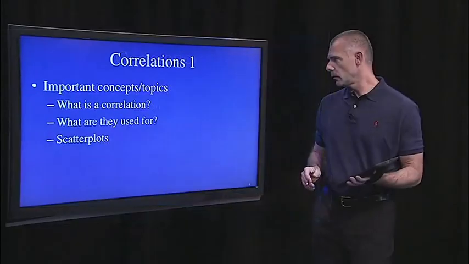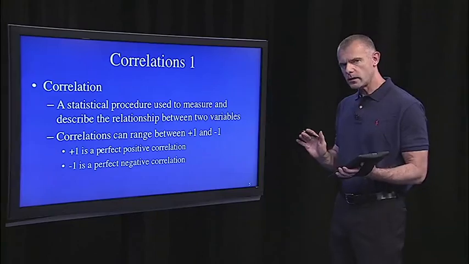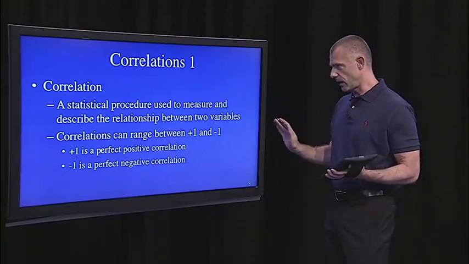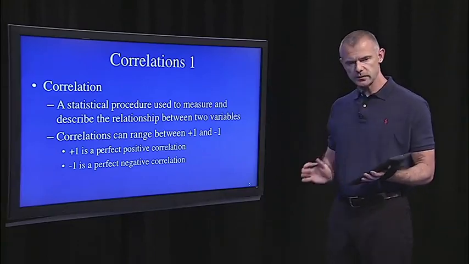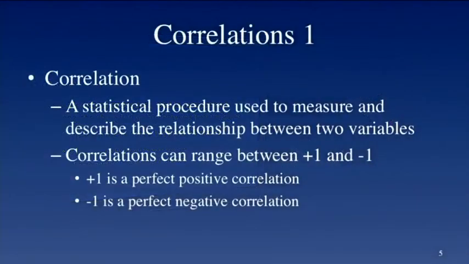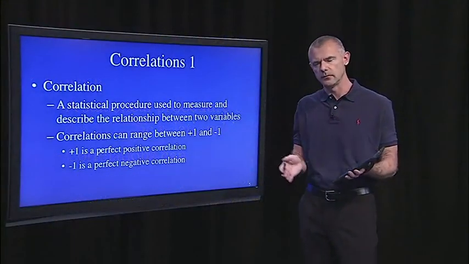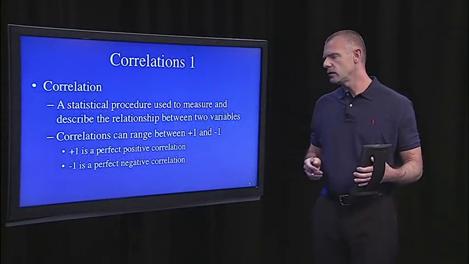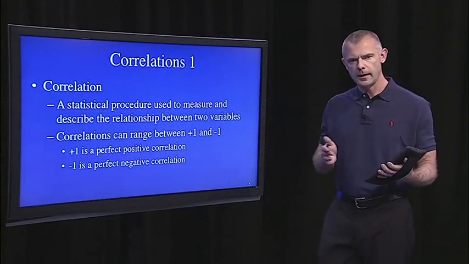Okay, so a correlation, just simply defining correlation, is a statistical procedure that's used to measure and describe the relationship between 2 variables. And you can think of correlations, we're at a point in this course where we're on the cusp of descriptive statistics and inferential statistics. You can think of correlations as both.